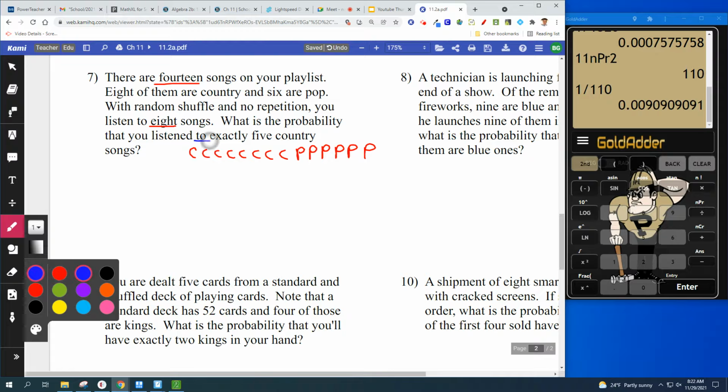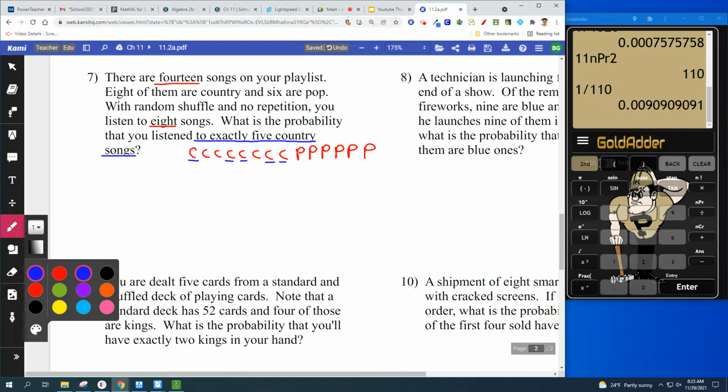So you have to kind of focus on what they ask, because what they ask in that question is going to be the numerator. So if we want exactly 5 country songs, I don't know that order matters. We're just going to take any 5 of these. Maybe we've got these 5. All right.